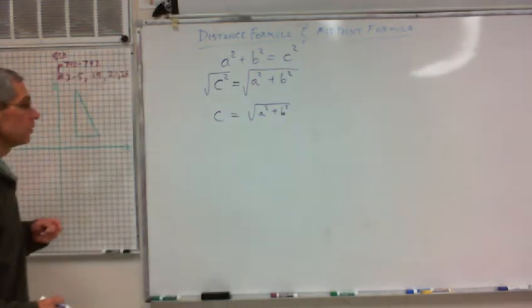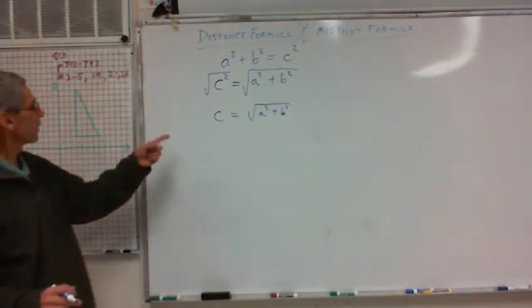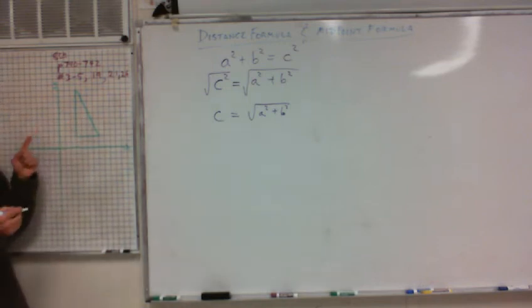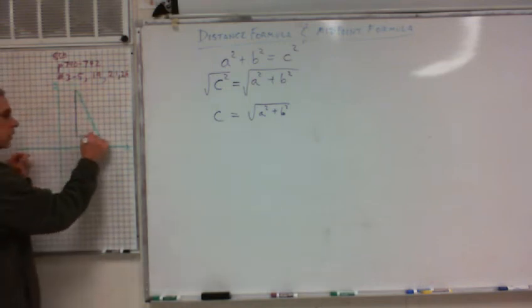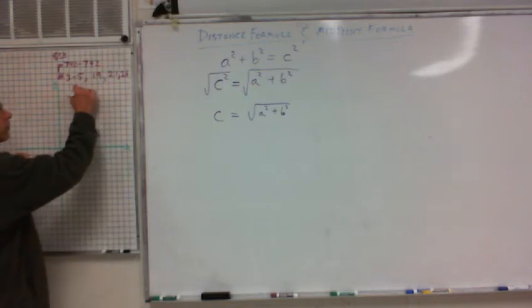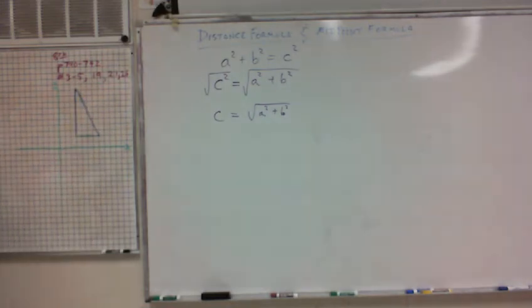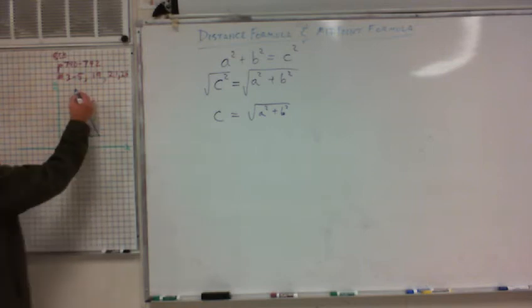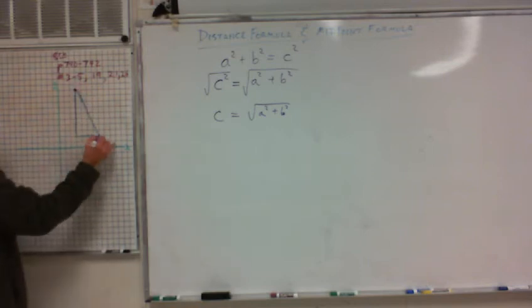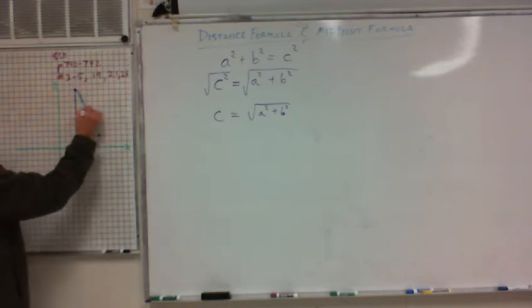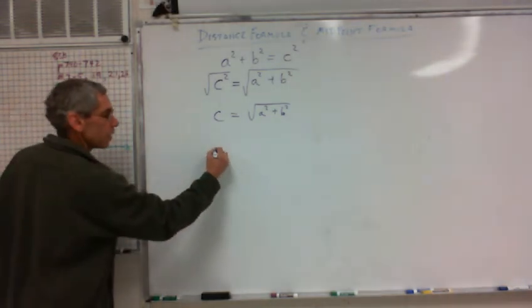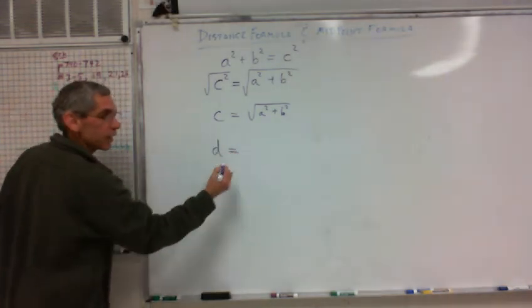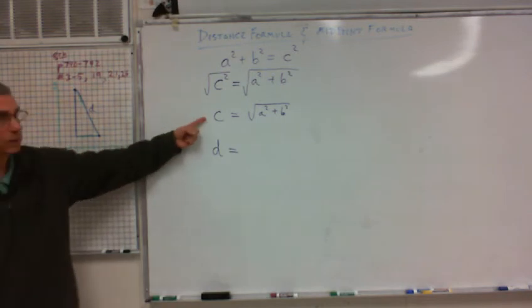All right, so now let's look at this. The problem is, if I have something on a graph like this, I'm going to put this in darker color because it doesn't show up too well on the video. So if I have a triangle like that, and I am trying to find the distance between these 2 points, I'm going to call that d, which is really c, but now in our distance formula, they actually use the letter d in place of c.